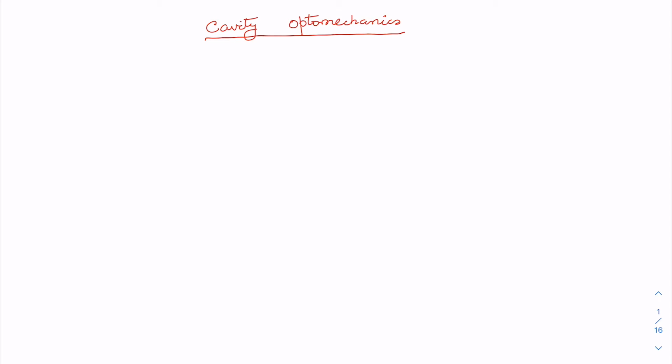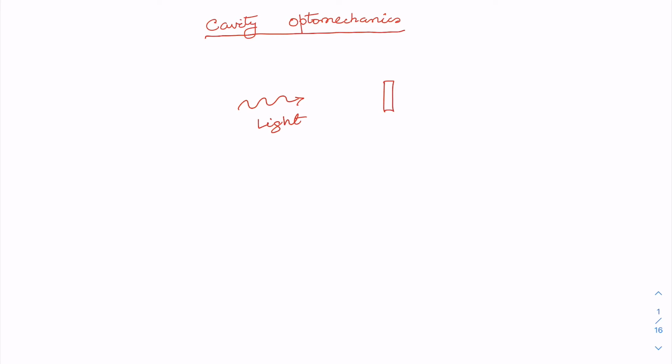So the question is, what is cavity optomechanics? As the name itself suggests, it is a topic relating to the interaction between light and mechanics. So suppose this is a mechanical oscillator and they are interacting with each other, and this is mediated by a cavity.